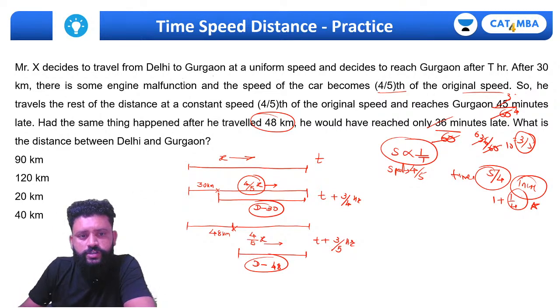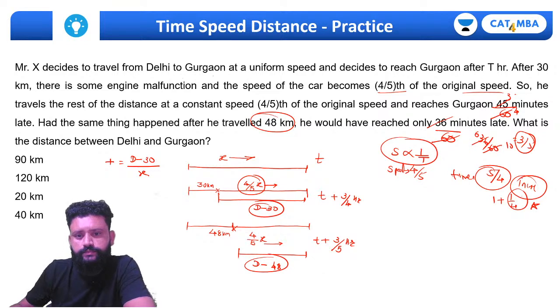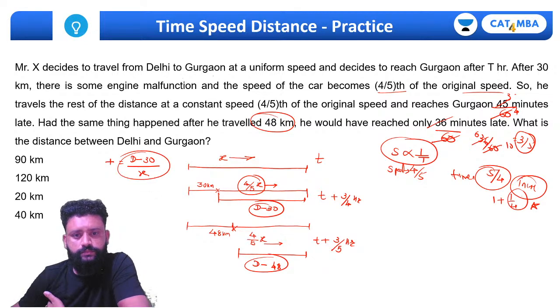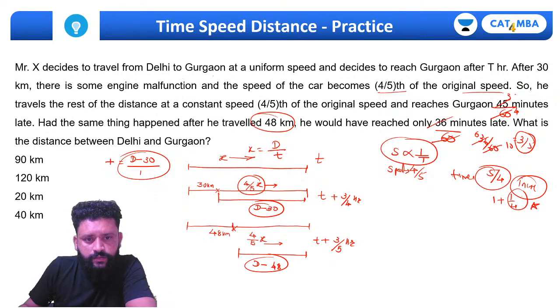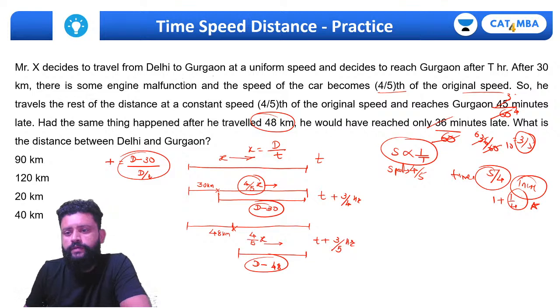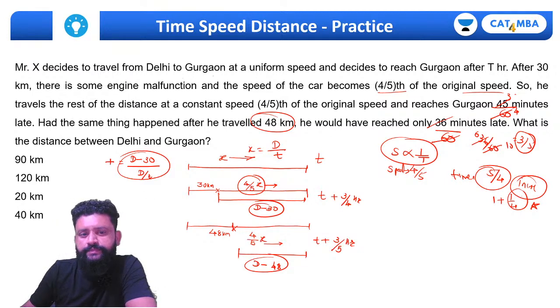The original time required to cover this distance is d minus 30 divided by the original speed x, and the value of x is d by t. And 1/4 of this time must be 3/4.